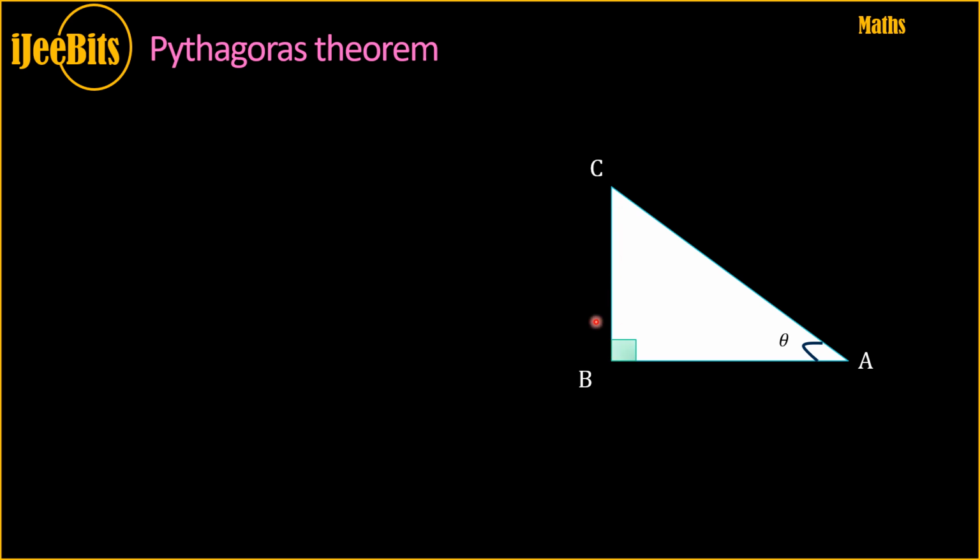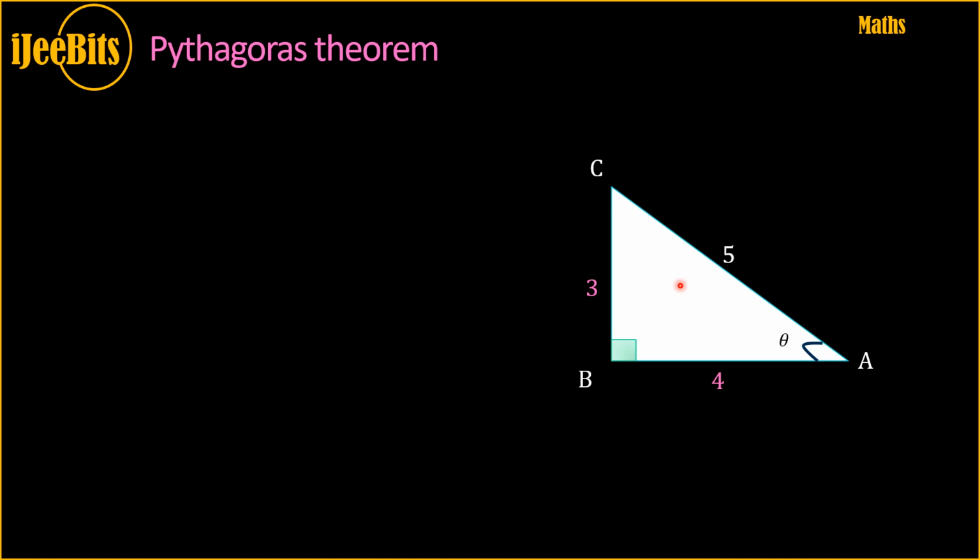This is called the opposite side. This one is the adjacent side, and the side opposite to the 90 degree angle is called the hypotenuse. The Pythagoras theorem is applicable only to right angle triangles. Okay, so let's prove how this formula is derived from this basic statement.